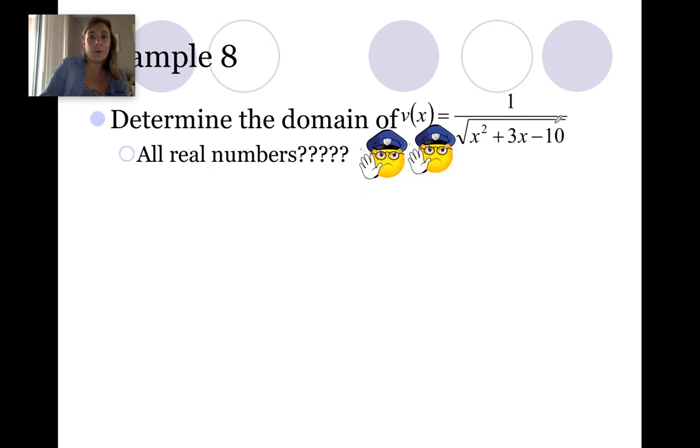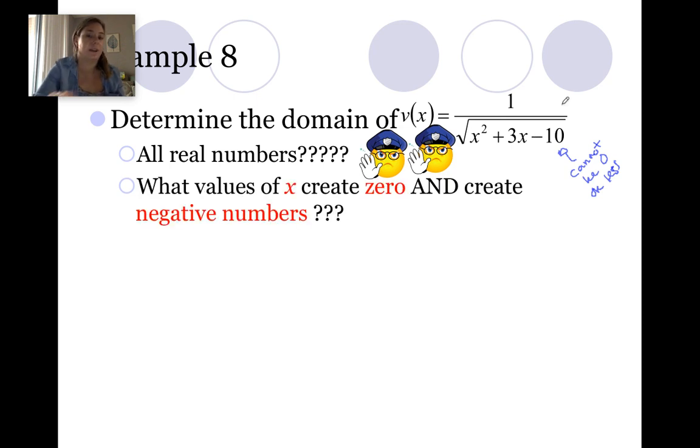So this one's clearly not all real numbers. You've got to figure out what makes this 0. Our approach is going to be the same: we need to remember that this cannot be 0 or less. 0 is kicked out of our domain too, so it's not inclusive. The reason for that is that you're dividing and you can't divide by 0. It's not because you can't divide by a negative. The negative piece is because you can't take the square root of a negative.